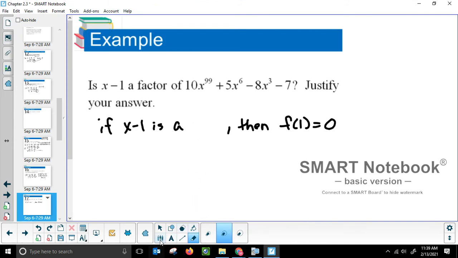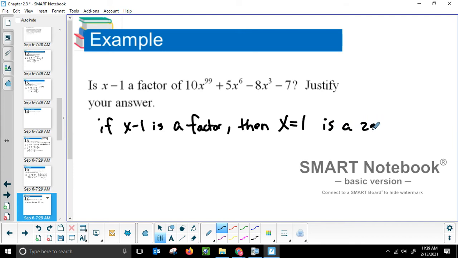If x minus 1 is a factor, then x equal to 1 is a 0. All right. So the easiest way to do this is just plug 1 into here.